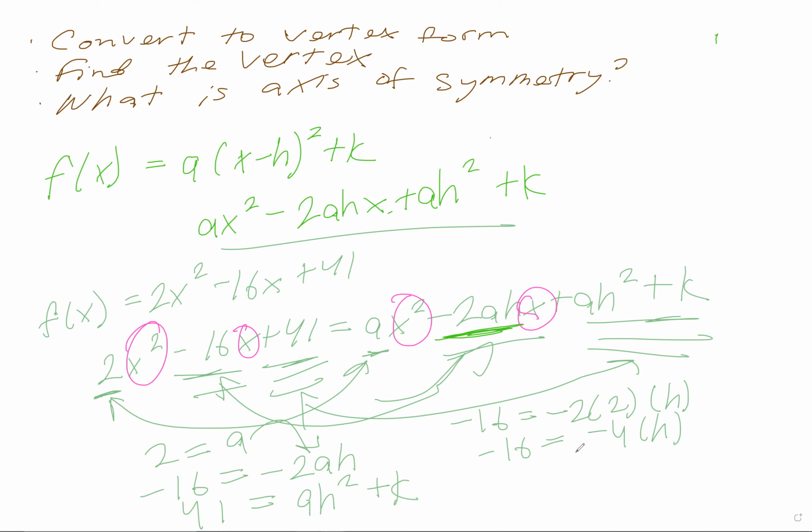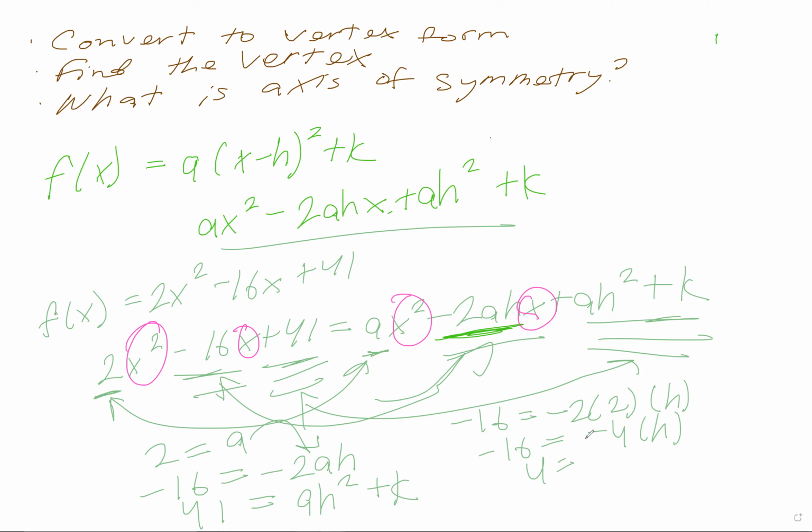So what's h? Negative 16 equals negative 4h, so it would not be negative 4, because negative 4 times positive 4 is negative.